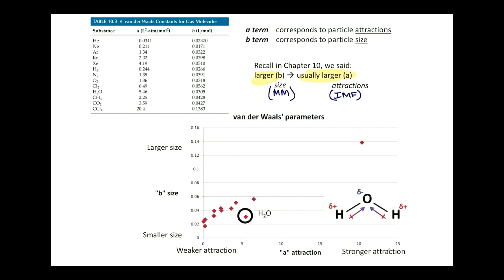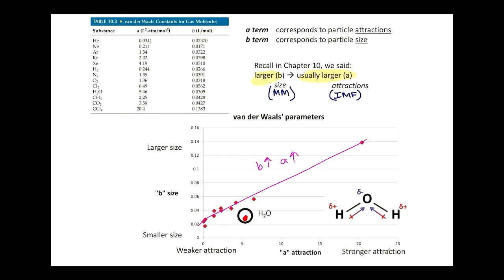When I graph these values, we see pretty close to a straight line: as B increases, A increases, for about 90% of them. What about this one? Water falls away from this line.